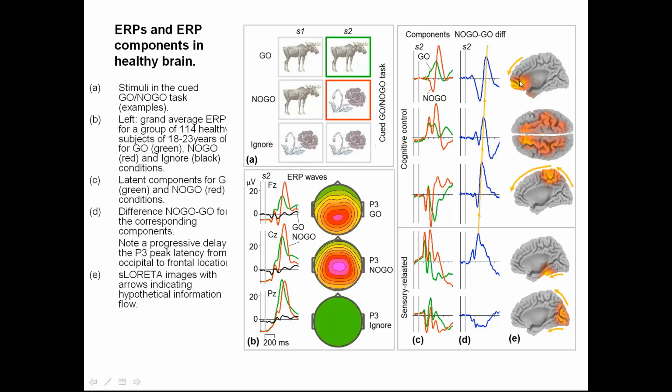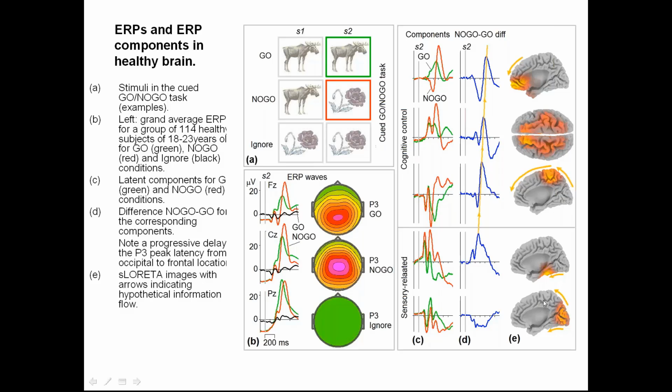I mean the images of these components showing the localization of the component. And if you go from bottom to top, the first component represents activation of the occipital areas, activation of the dorsal stream, which is involved in categorization of stimuli.